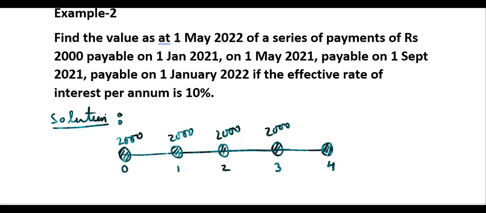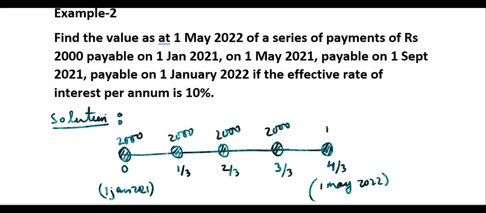You need to find the value here at 1 May 2022. It starts on 1 January 2021. Okay, here we have to write 1 by 3, 2 by 3. 1 by 3: this is not a quarter, it is 4 months. Another 4 months. This is 1 year. This is 4 by 3. Here you need to find the final value. Here also you get due.